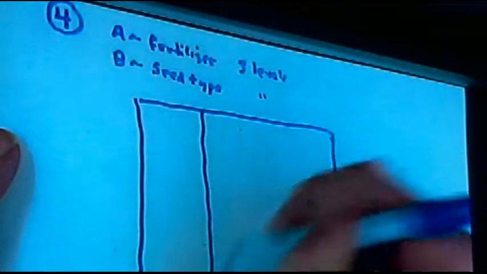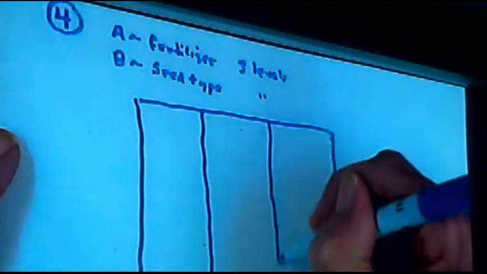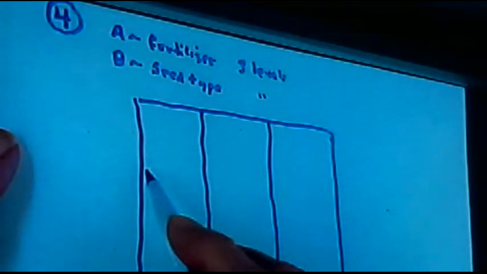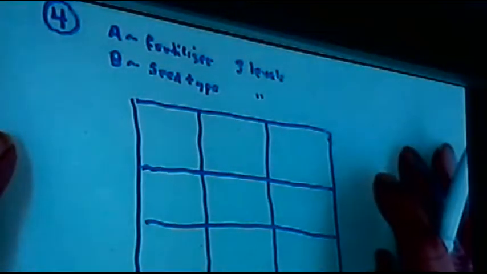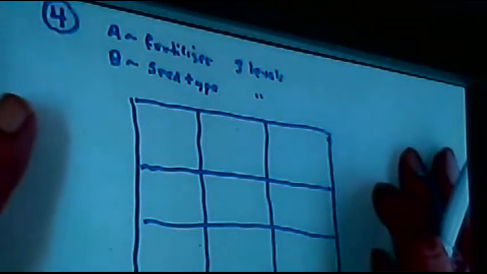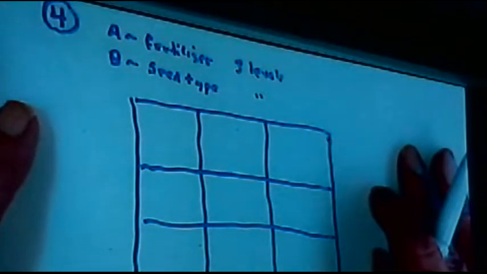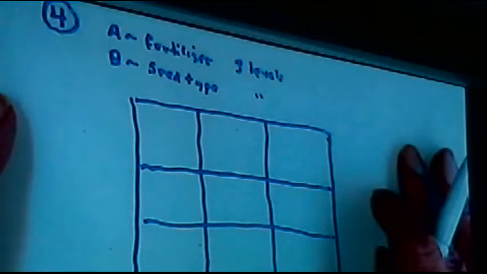So let's suppose I divide it like this, and then horizontally like this. Now if I have 3 levels for A and 3 levels for B, 3 times 3 is 9. That's why I'm dividing this up into 9 parts. Now apply the treatments to these 9 subplots, and do this at random.